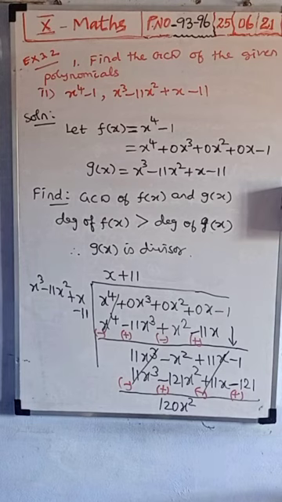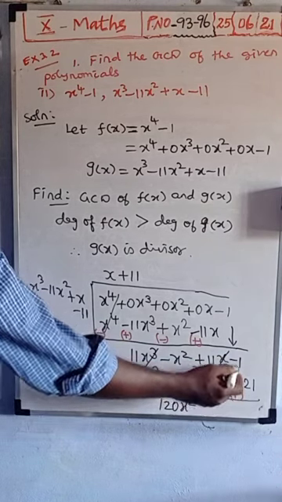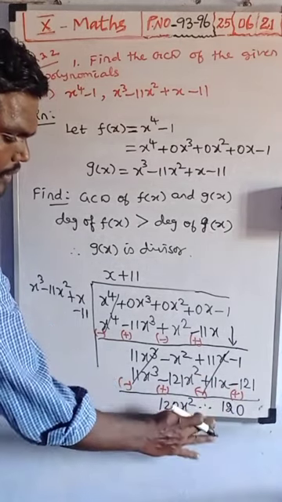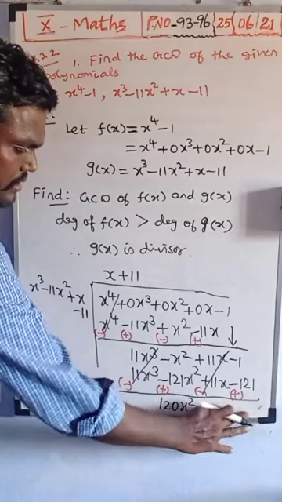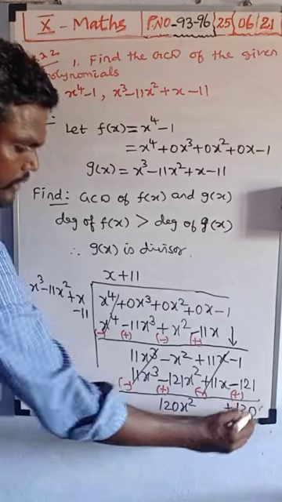Now plus 121, here minus 1. So 121, 1 it goes, plus 120. Or else here you write, next here this term 0, so plus 120.